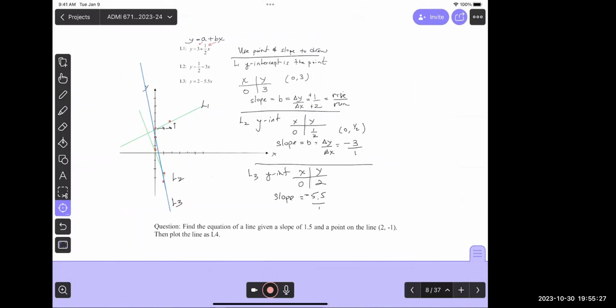Okay, so here is a slope, and here's a point. That's not necessarily the intercept, but as a point there, provide me L4, the equation of the line, and you can plot it as well.